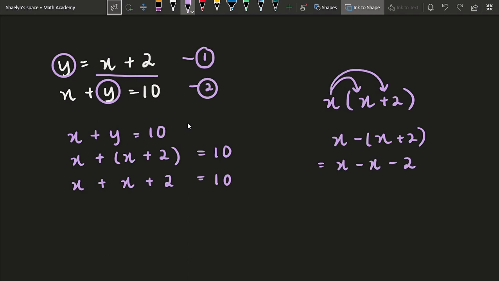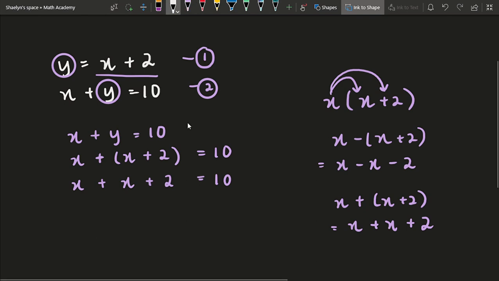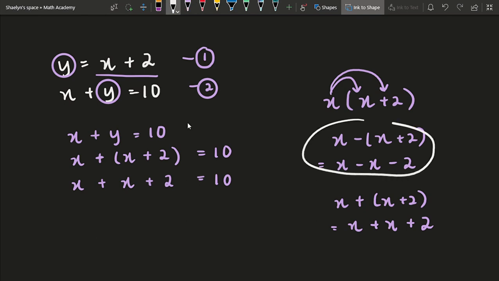Do you understand this part? Then plus y is just a normal thing because if you plus the first thing, it is still plus x, and if you plus the second thing, it is still plus 2. So these two parts are very important. I hope you understand this.